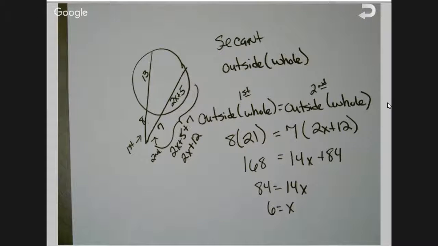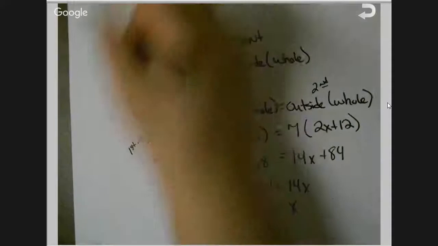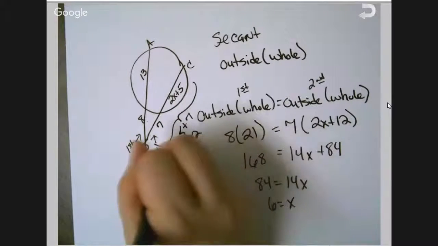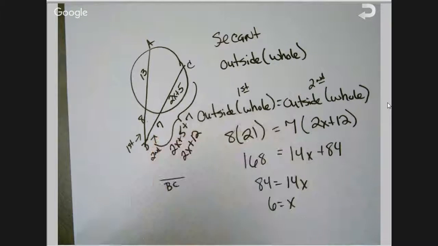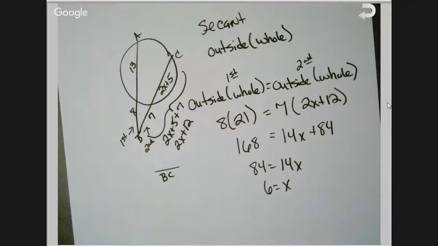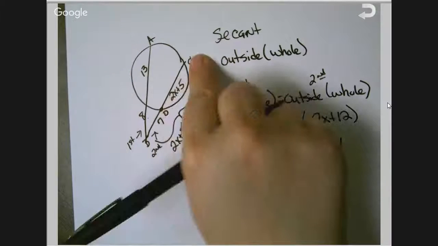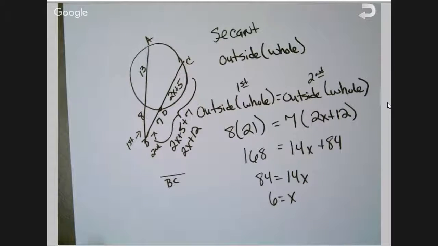Okay, so they could ask a question about this in a couple different ways. They could simply say solve for x. They could also say, what's the length of segment, if this was like ABC, tell me the length of segment BC. Or they could ask for just the segment DC.